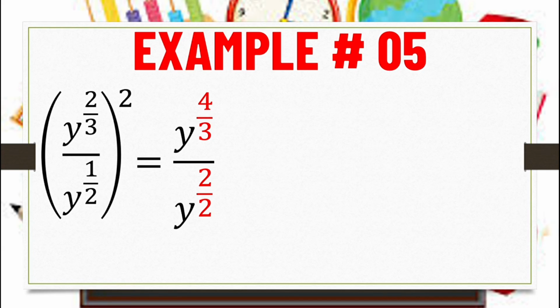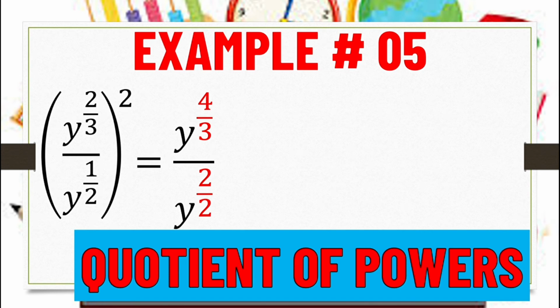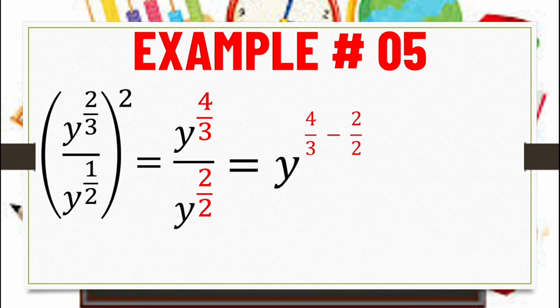Then, we will apply the next law of exponents as we simplify this expression, and that law is the quotient of powers, wherein we will subtract our exponents. So this leads us to y raised to 4/3 minus 2/2. Again, in subtracting our fractions, make sure to have a common denominator.